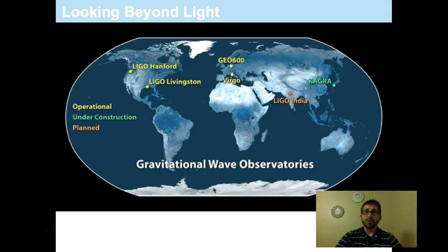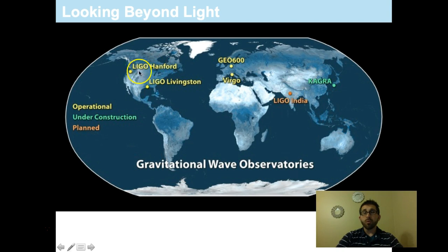Notice there are other gravitational wave facilities throughout the world. There's LIGO India as well. And there's a number of other facilities that are either under construction or operational. So this LIGO India is planned. It's not even under construction yet.